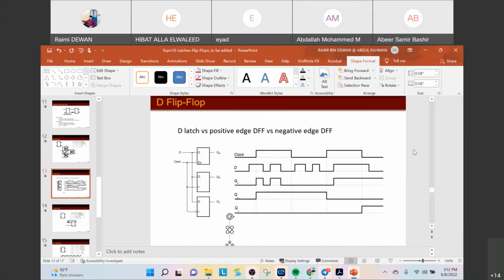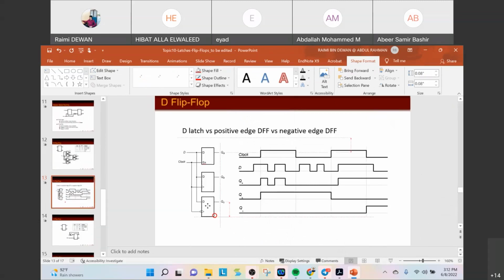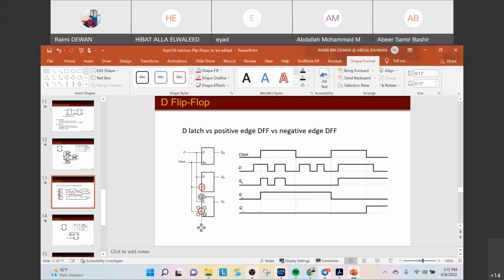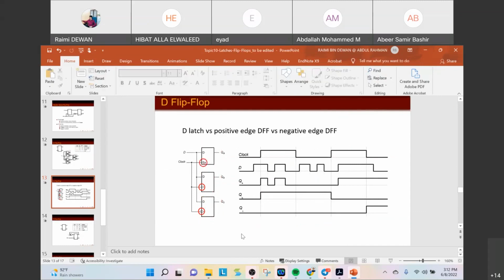Okay, here. So at least you can see. And then I put another red one here so that you can see the difference between all of these chips. I just simply call this a chip. Okay, you can see the difference.